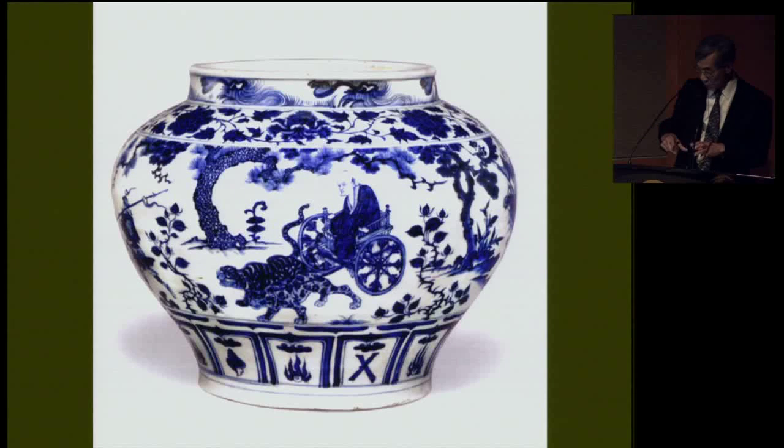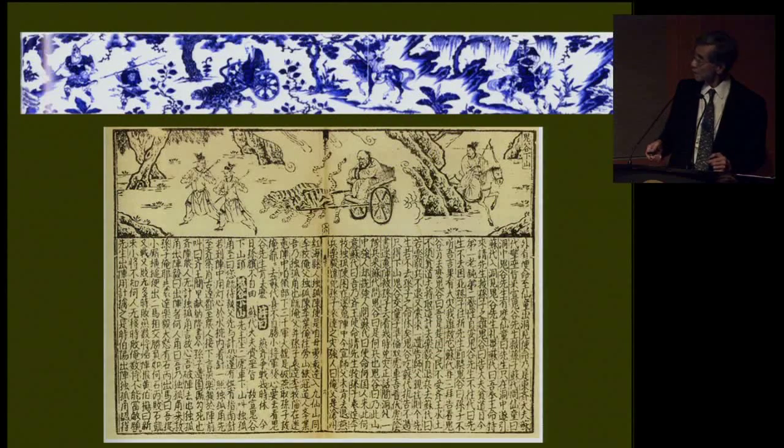But the main field of the decoration very often is a scene from a play or a popular story. And they are copied from printed books of popular stories. As in this one, you can see this is the story of a 4th century BC wizard.